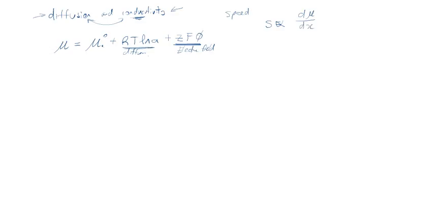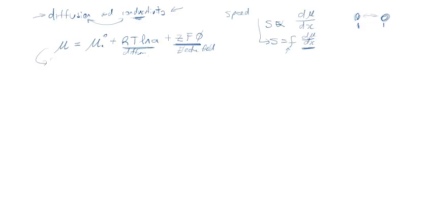If I've got a solution here and a solution here, and this has a higher potential than that, then there'll be a movement of ions between those two solutions. The constant of proportionality is just some sort of frictional constant. This is a placeholder, and we're going to calculate what this is later. So this is going to be an equation for speed, based on the gradient of the chemical potential.